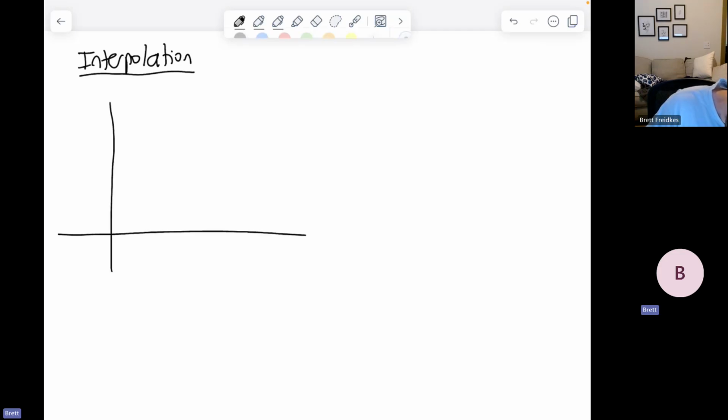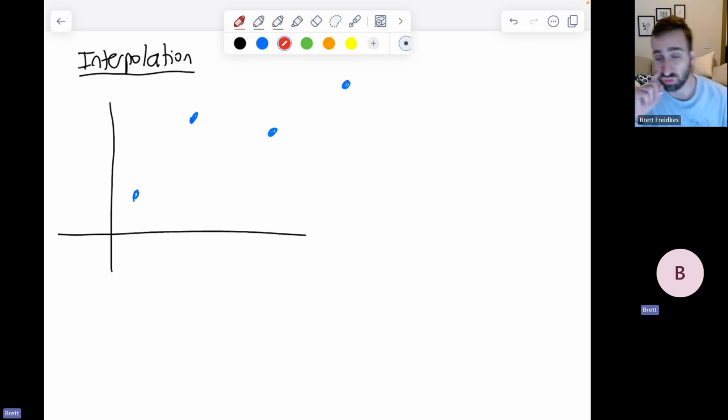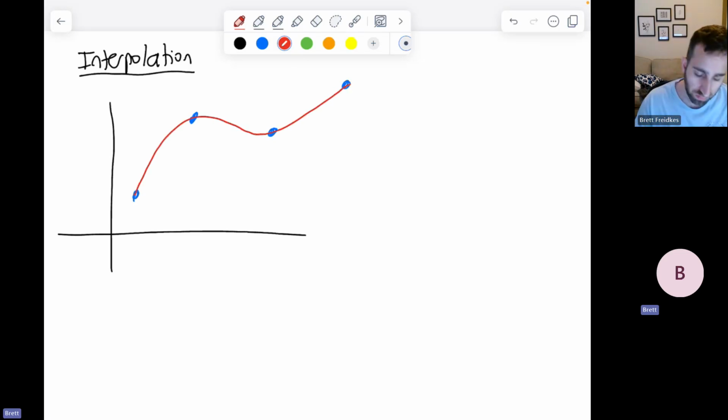what we would do is we'd have a bunch of data points, let's say, and we would draw some interpolant that goes through every single point. Now, something we discuss is that as the number of data points gets larger, and you want to use a higher order of an interpolant, so in this case, we see this is 4 data points.